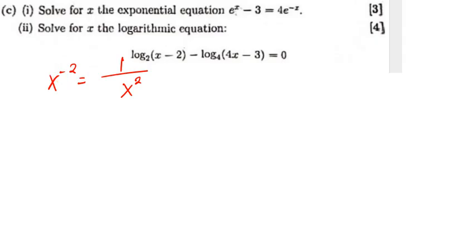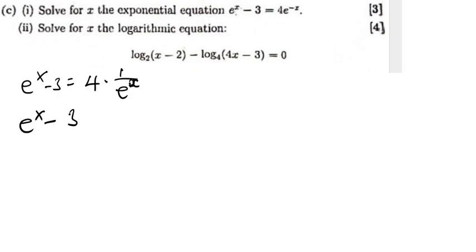Using this principle, e raised to the power x minus 3 is equal to 4 times 1 over e to the power x. The negative has now gone.